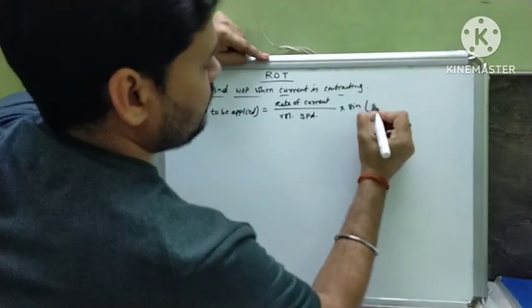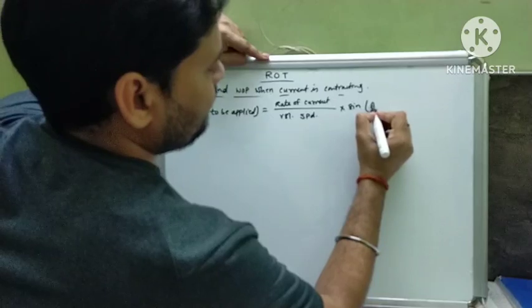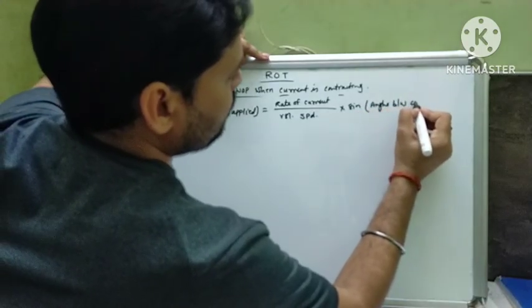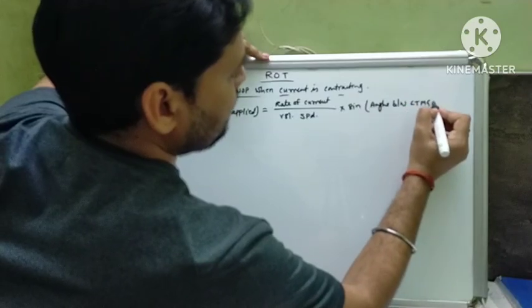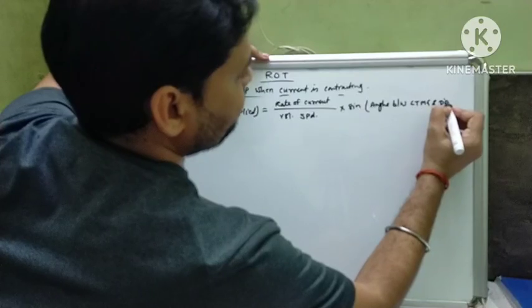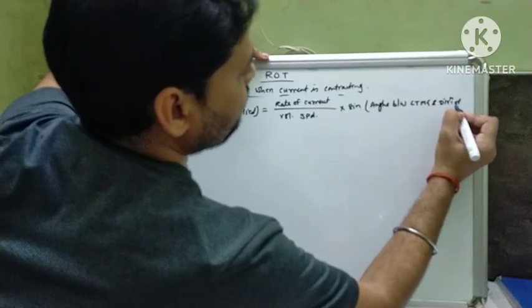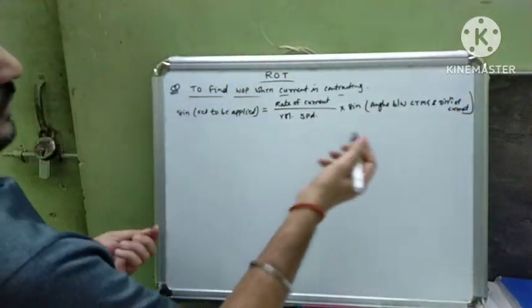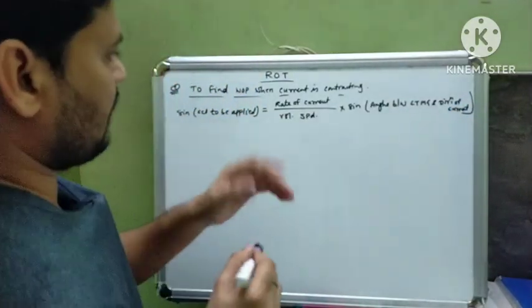What is course to made good? It is the angle between the course to made good and the direction of current. Once we come to this, we'll know how to find it out.